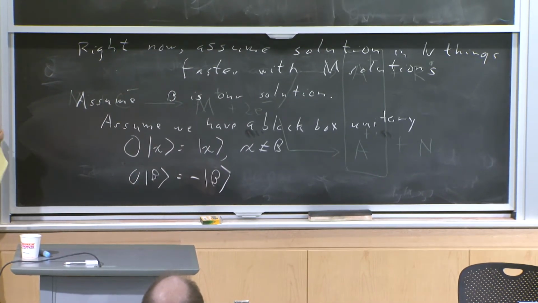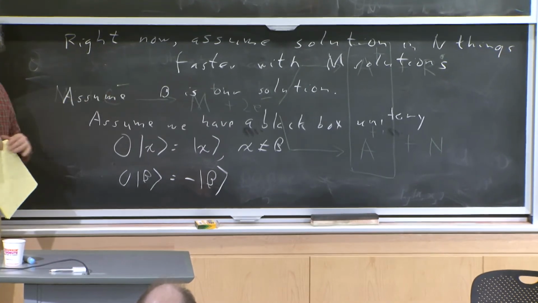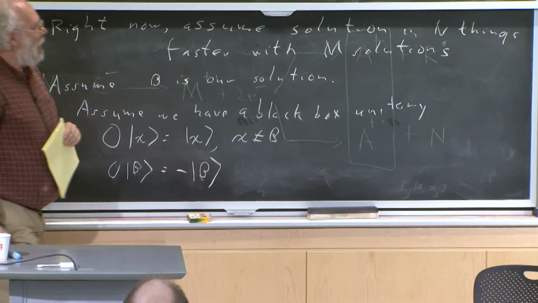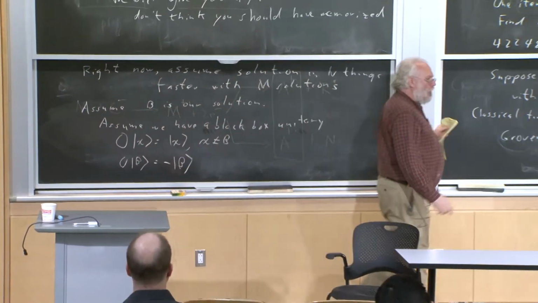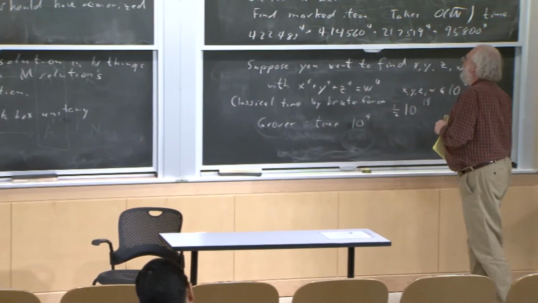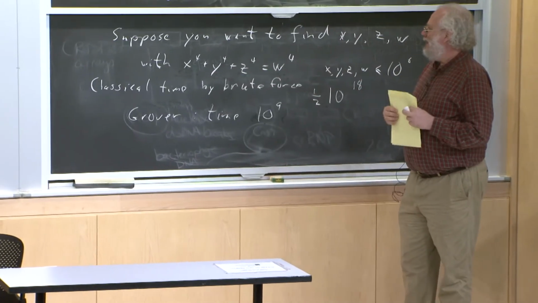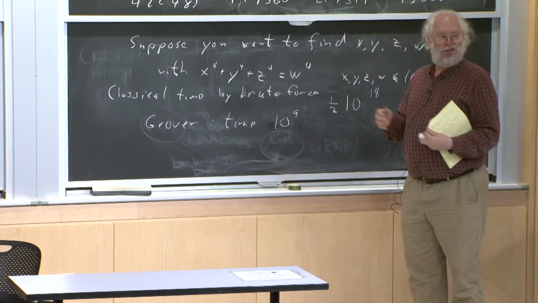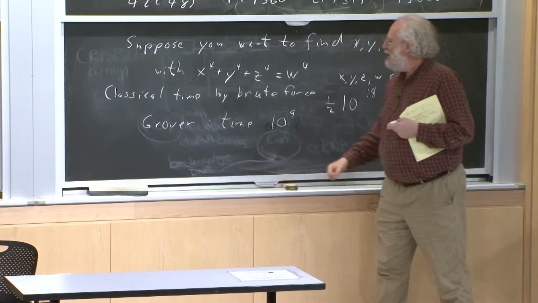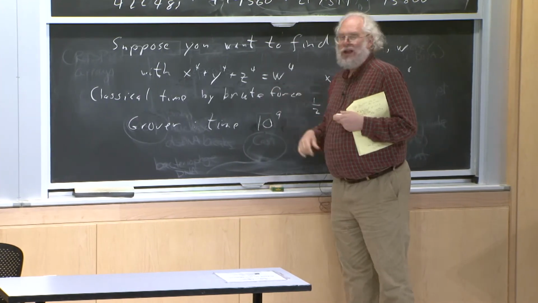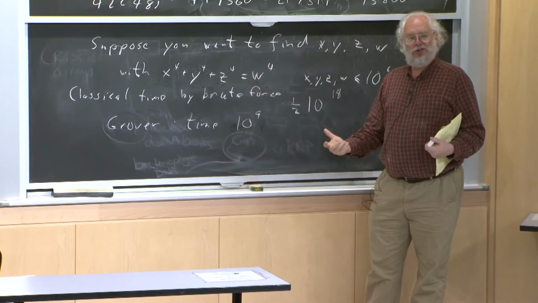But we showed you how to get a phase oracle from a bit oracle back when we were discussing Deutsch-Jozsa. And the way you would use a phase oracle for this problem is you would take x, y, z, classically take the 4th powers and then take the 4th root and decide whether that was an integer.